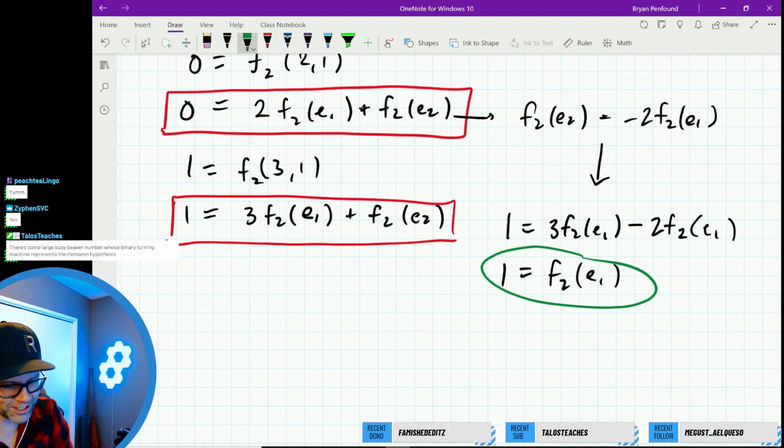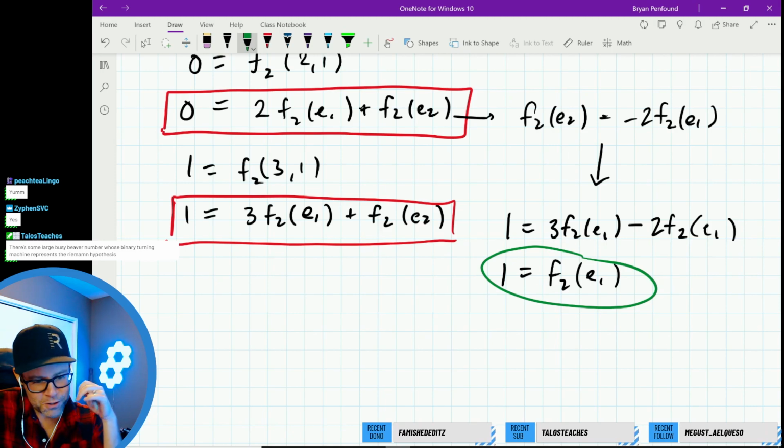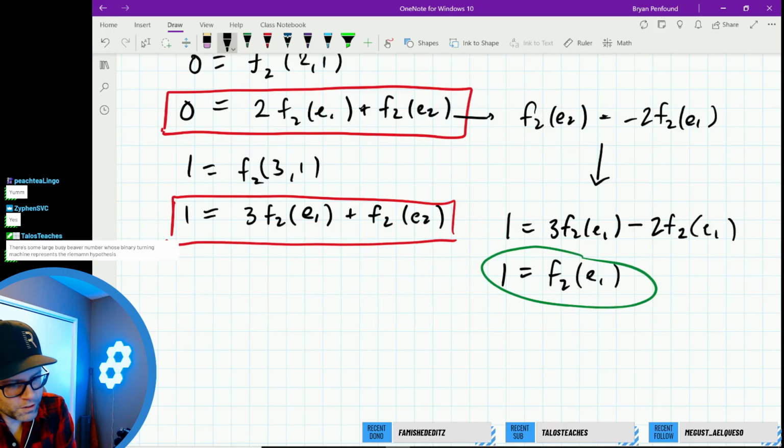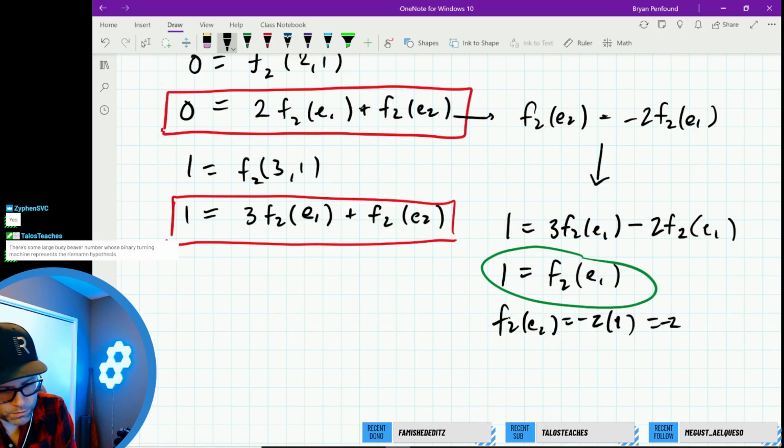Okay, so f2e1 is 1. So what's f2e2? f2e2 is negative 2 times 1, which is negative 2.